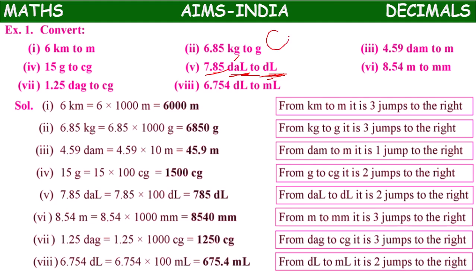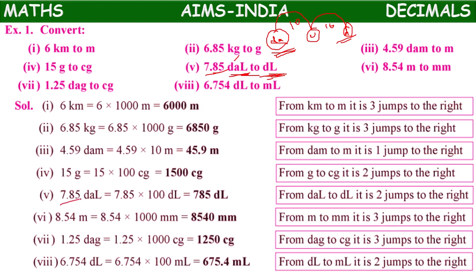Means first here deca will come, after deca unit will come, after unit deci will come. So from deca to unit, 1 jump, into 10. From unit to deci, 1 jump, into 10. 10 into 10, 100. Means 1 deca equal to 100 deci.